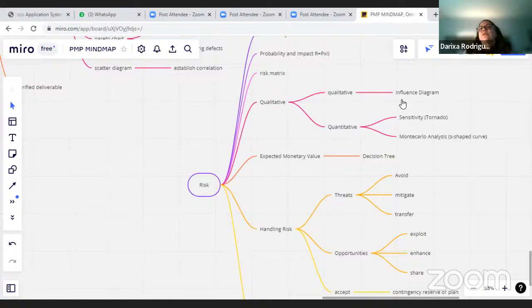Quantitative is not mandatory in most projects, but qualitative is. We can use influence diagrams to qualify it. In quantitative analysis, we can use a sensitivity or tornado diagram to verify the individual risk, or the Monte Carlo analysis, which results in an S-shaped curve and measures multiple variables. They are also costly tools.